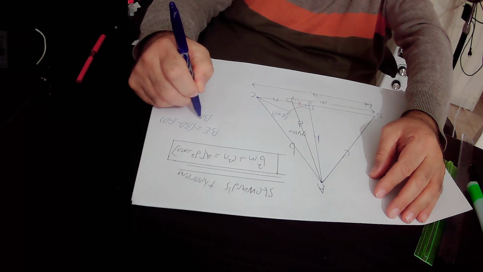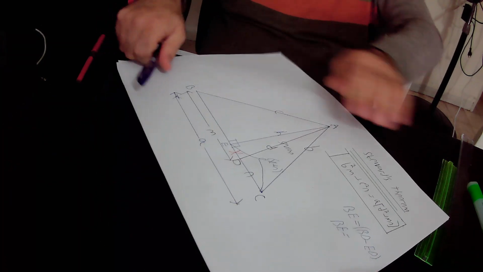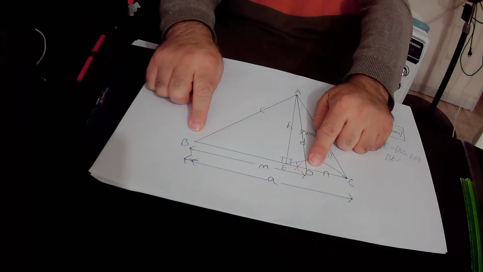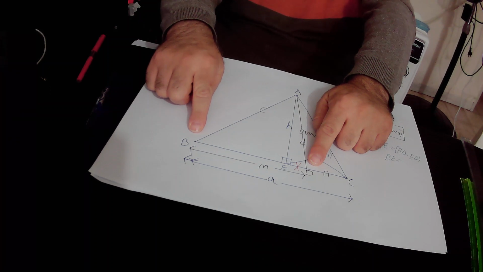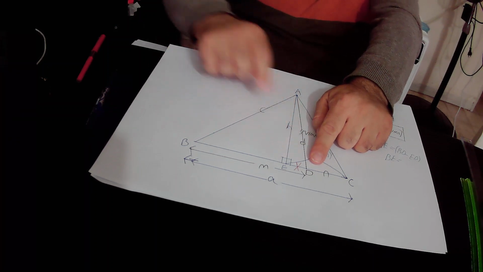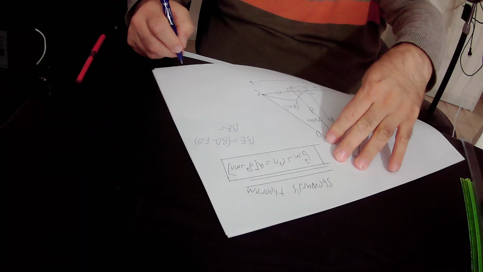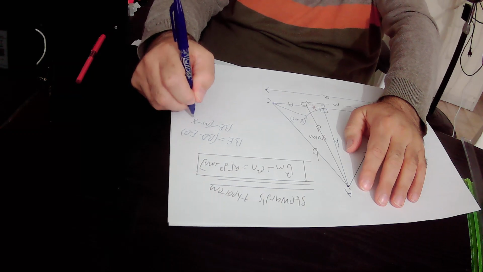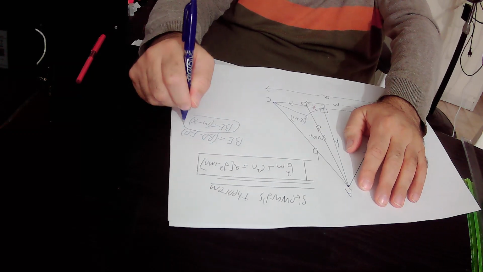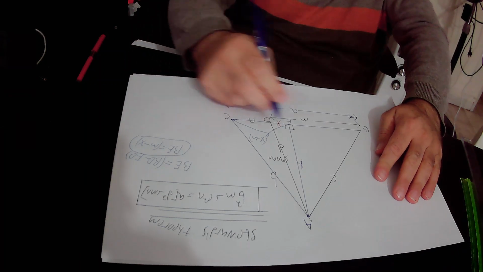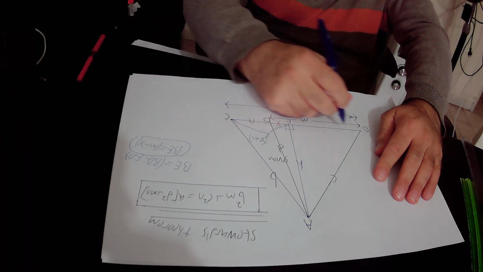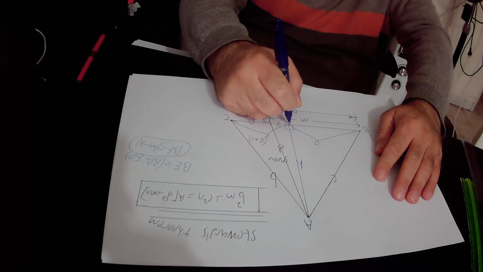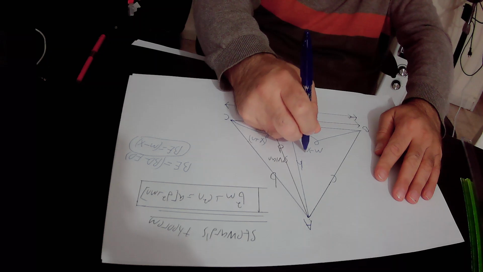So BE equals BD, this is m units, minus ED, this is x. So in conclusion, we found out that BE equals m minus x units in its length.